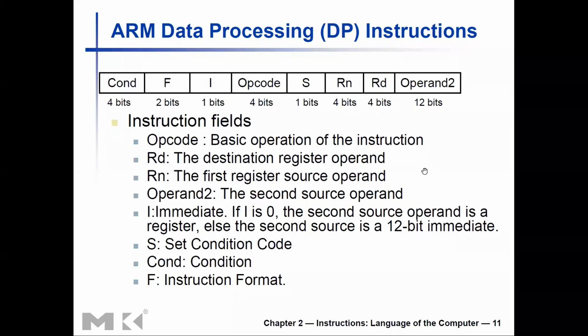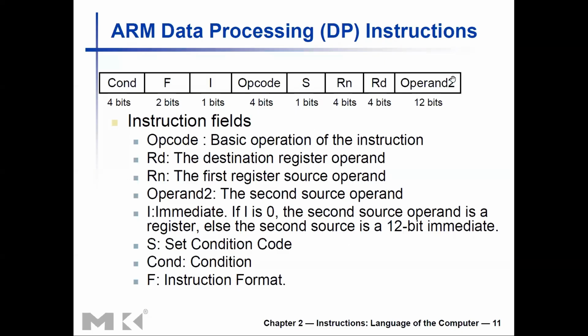The numbers that are going to be put here are from 0 to 15, because these are register numbers, and 0 to 15 can be encoded in 4 bits. The maximum number you can represent with 4 bits is 15, and the lowest is 0. So you can successfully encode the register numbers.